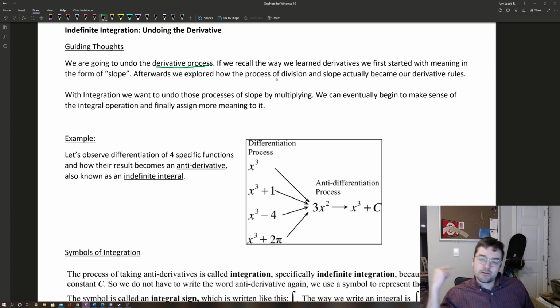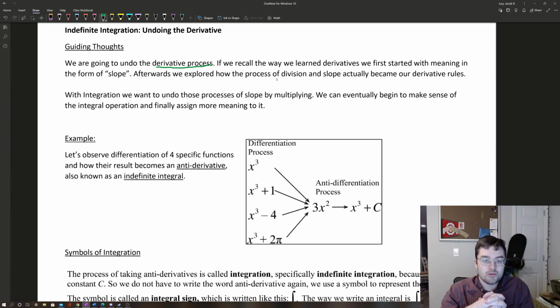So, if you think back to how we learned derivatives, we first started with slope, so we attached meaning to the derivative with slope, and then we figured out how that process actually divided our y values and x values, and that became our derivative rules. And perhaps the easiest way to think about those derivative rules was with the power rule or the chain rule, how we sort of dissected the pieces of those functions. Well, now we want to put things back together.